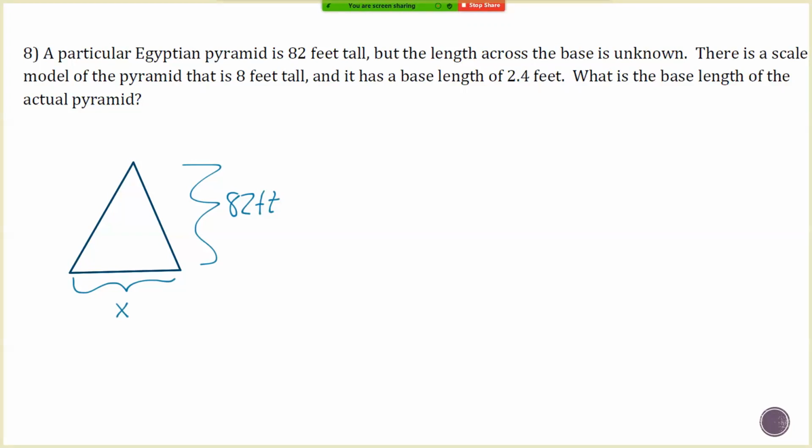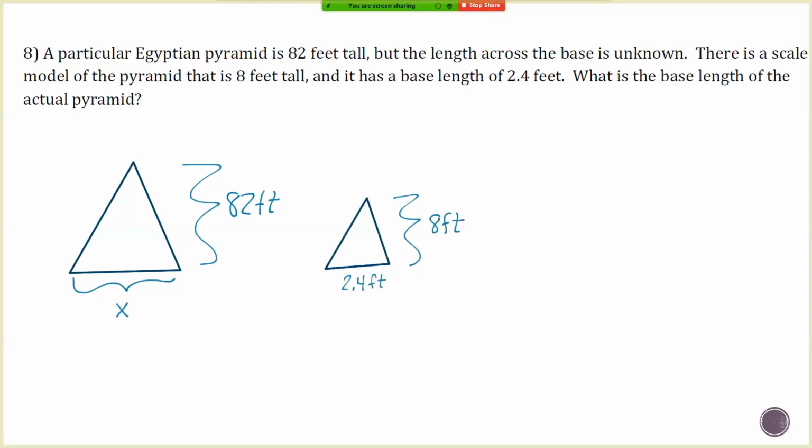There's a scale model of the pyramid that's 8 feet tall and has a length for the base of 2.4 feet. So I'm going to draw myself another scale model of my pyramid. This one, however, is 8 feet tall and 2.4 feet across the base.